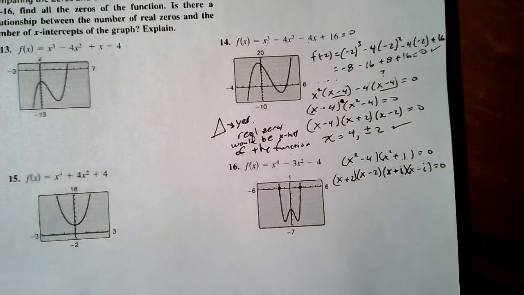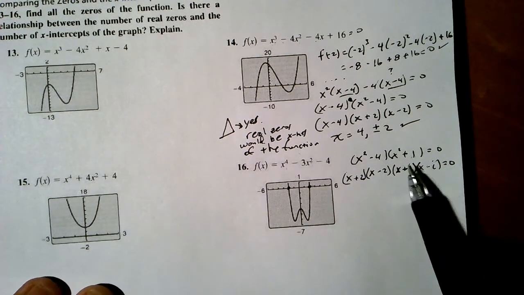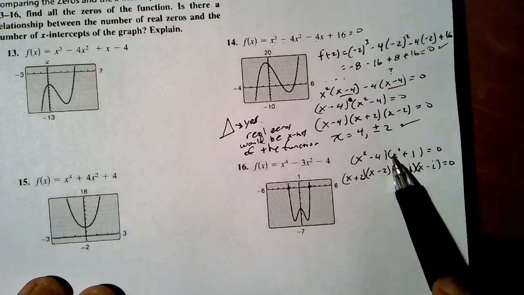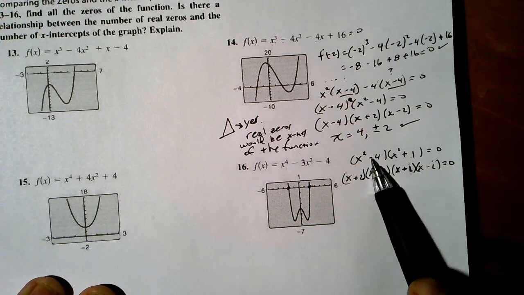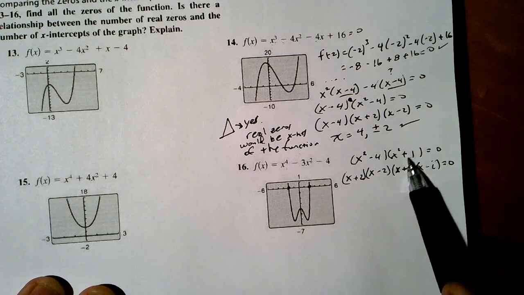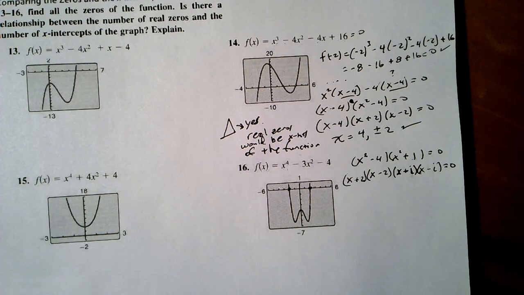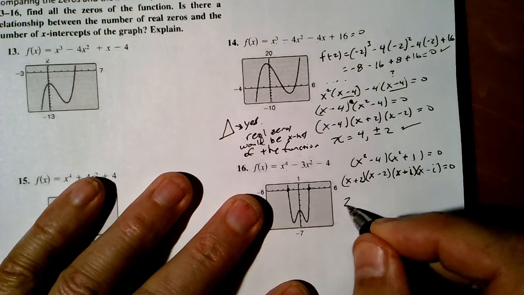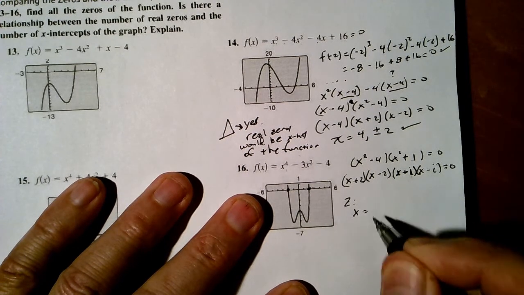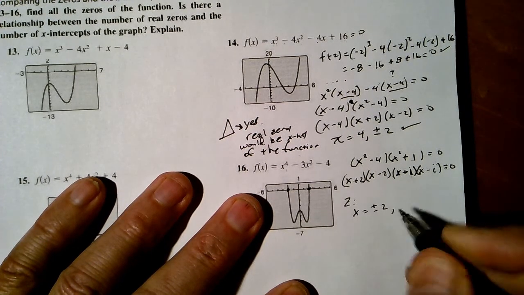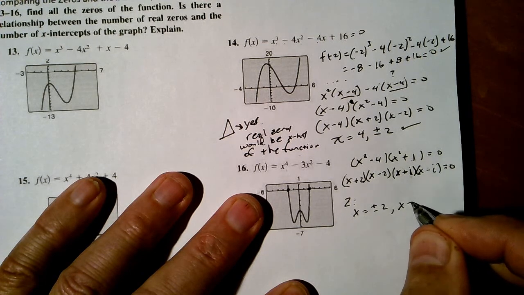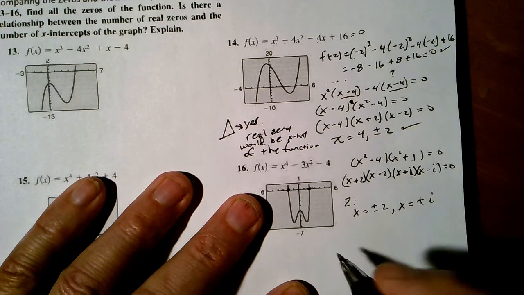Listen closely and let this one sink in. The sum of perfect squares is factorable, just like the difference of perfect squares, but we need i's involved. So the sum of perfect squares, if we're dealing in the complex number system, is factorable. So our zeros are x equals plus or minus 2 and x equals plus or minus i.